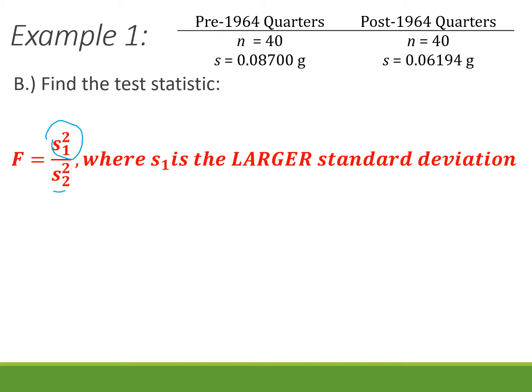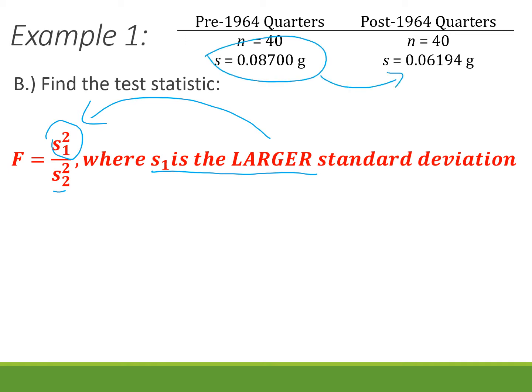When we decide which sample is the first and which sample is the second, it is important and it does matter. S1 is always going to be the larger standard deviation. So the larger one has to go on top. The smaller one's on the bottom. F is always going to be greater than 1. So when we look at these two samples here, we have this sample is larger than that sample standard deviation, which means that this is S1, and then this is S2.